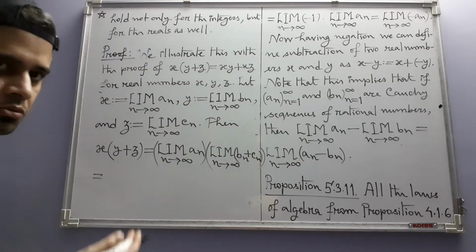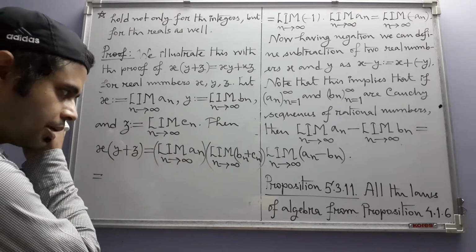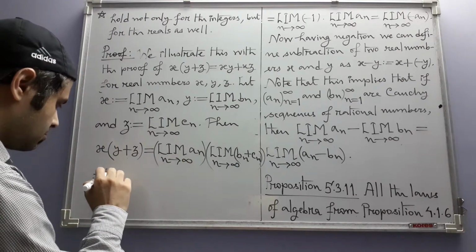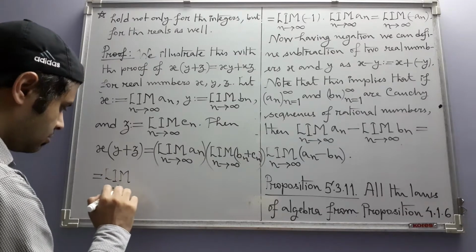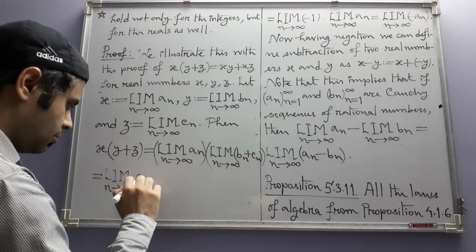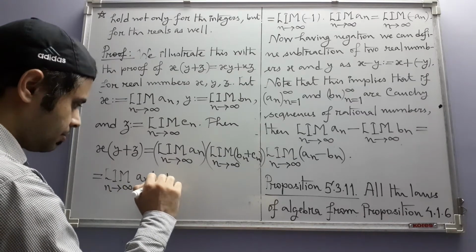Then by definition of multiplication of two real numbers, we get this formal limit of An times Bn plus Cn.